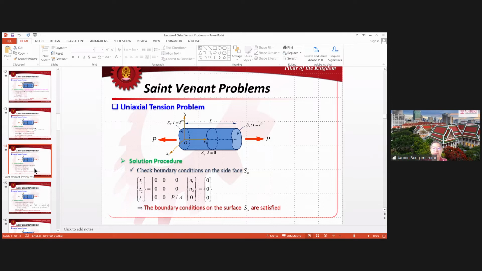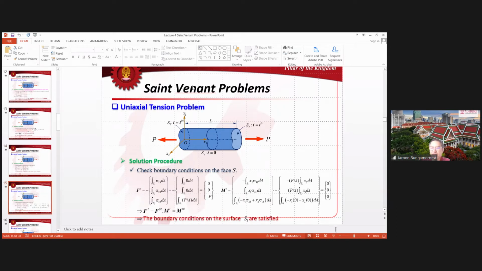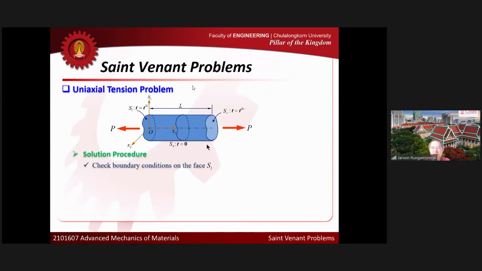By Saint-Venant's principle, if we simply focus on the solution in the interior zone and we don't care much about the end zone, then forcing the boundary condition at the left and right ends directly by looking at the traction at every point may make the problem very complicated.